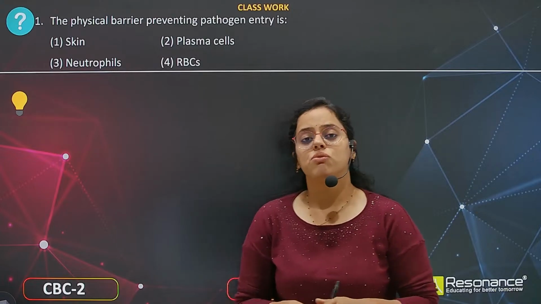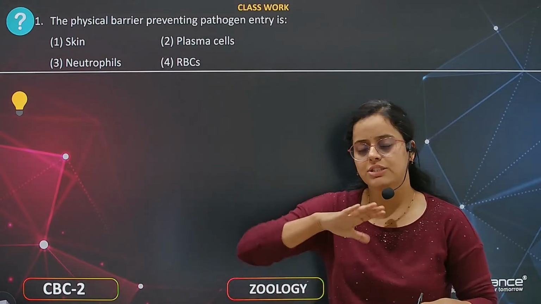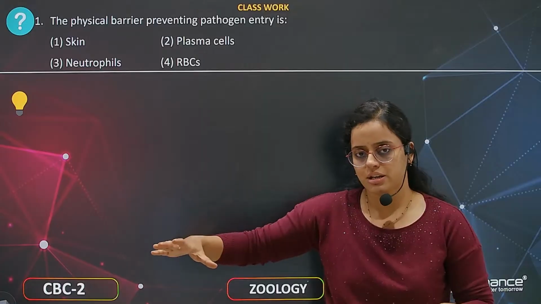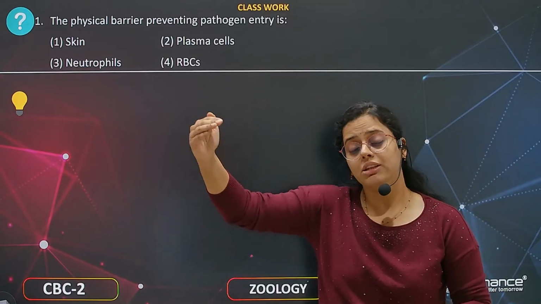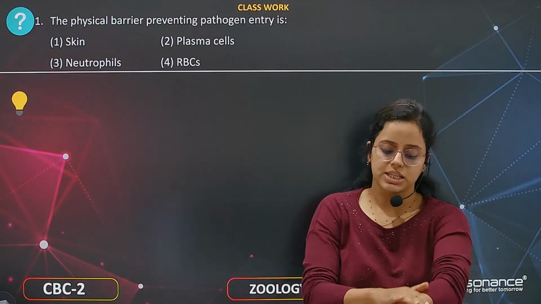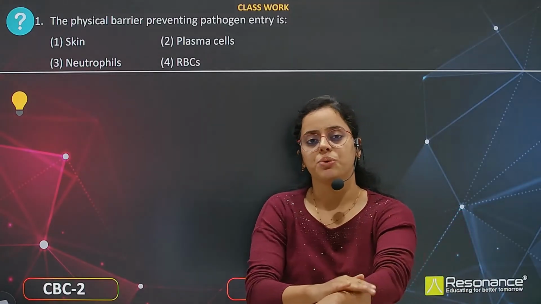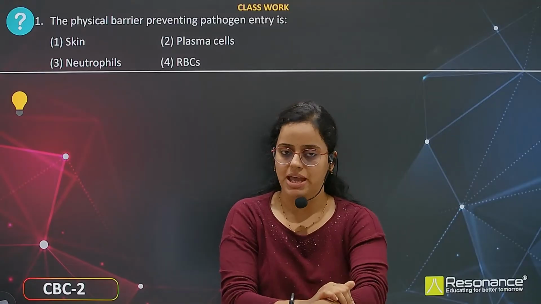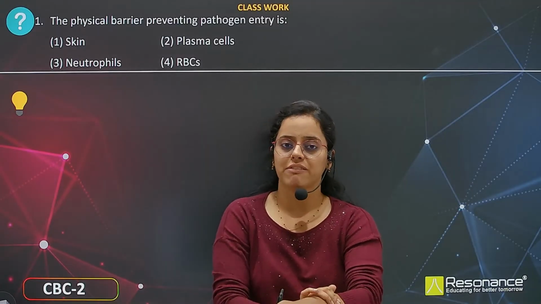Okay, so what is the physical barrier? It is basically a layer which is preventing the pathogen from crossing into the body. Epithelium tissue is a physical barrier. Mucous membrane is a physical barrier.